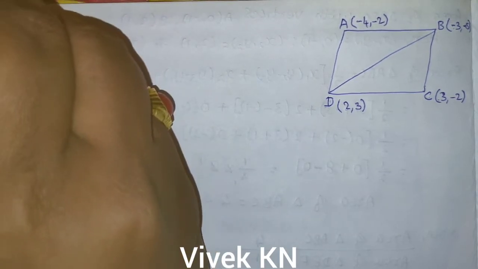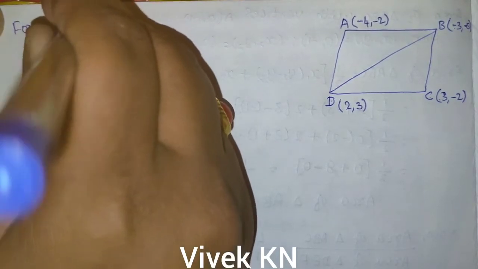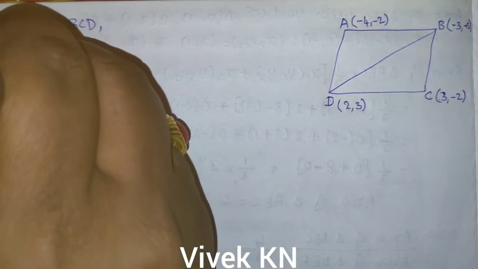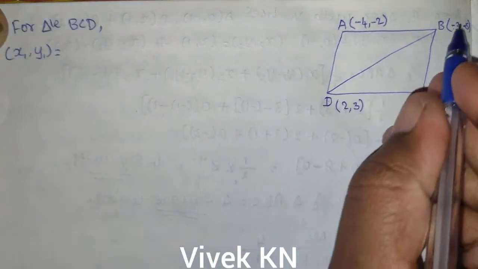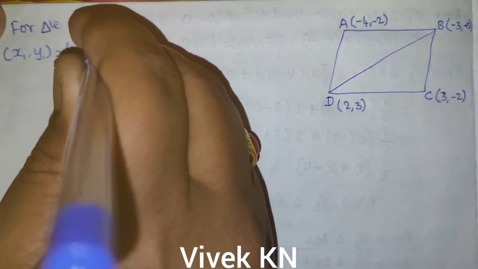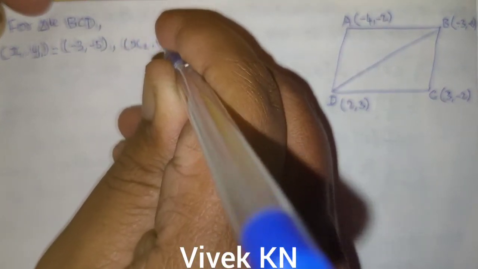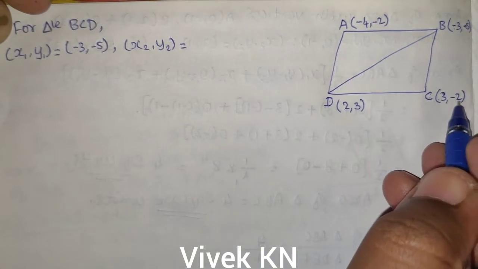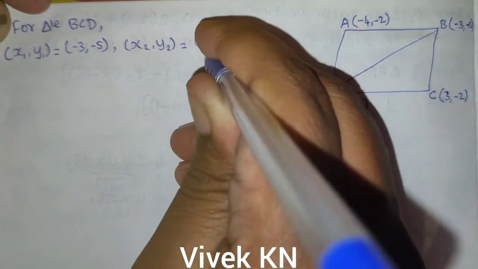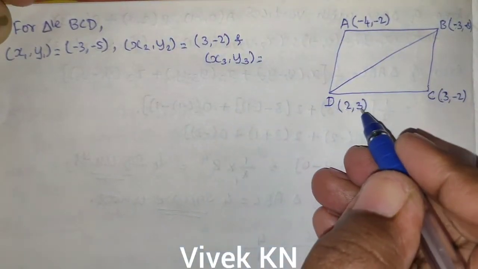So for triangle BCD, x1 y1 is (-3, -5), x2 y2 is (3, -2) and x3 y3 is (2, 3).